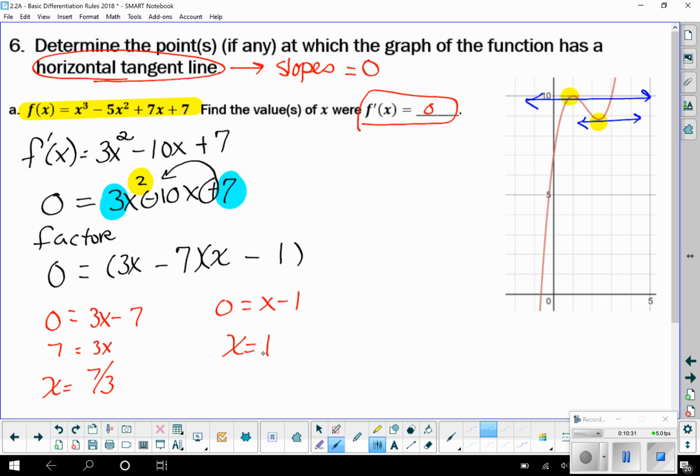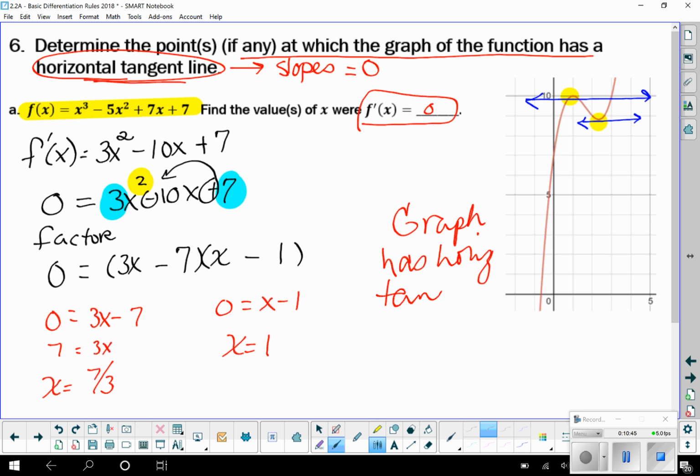And I'm going back and rereading, determine the points, if any, at which the graph has a horizontal tangent line. The graph has horizontal tangent lines at x equals 7/3 and also at x equals 1.